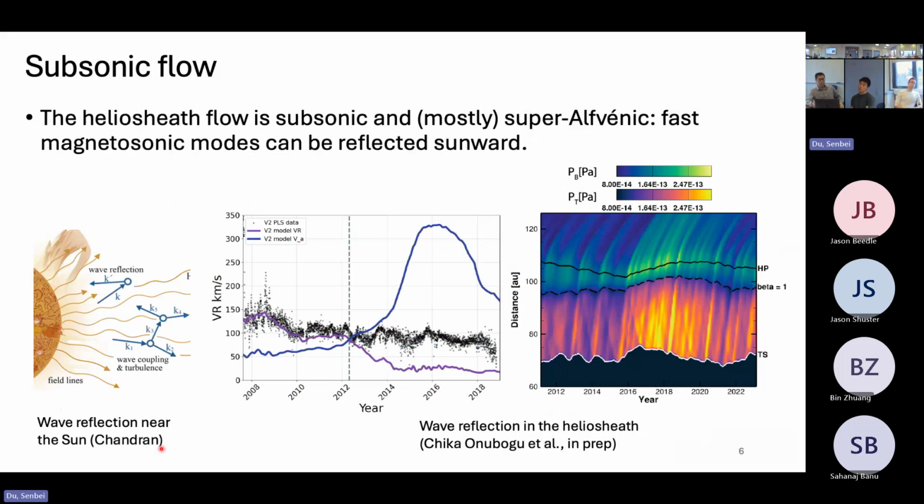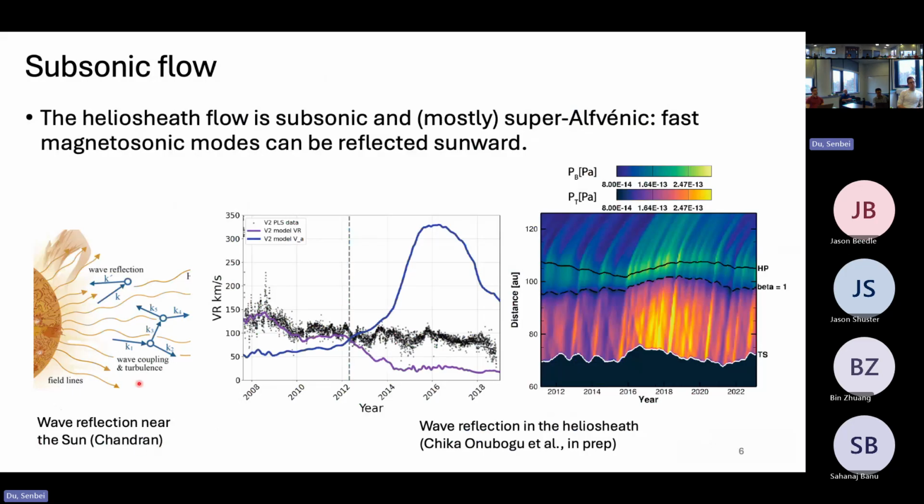So this is a unique region, and the only other place where a similar thing can happen is within the Alfvén critical points near the sun, where you can have reflection of Alfvén waves due to the local gradients in the Alfvén speed.